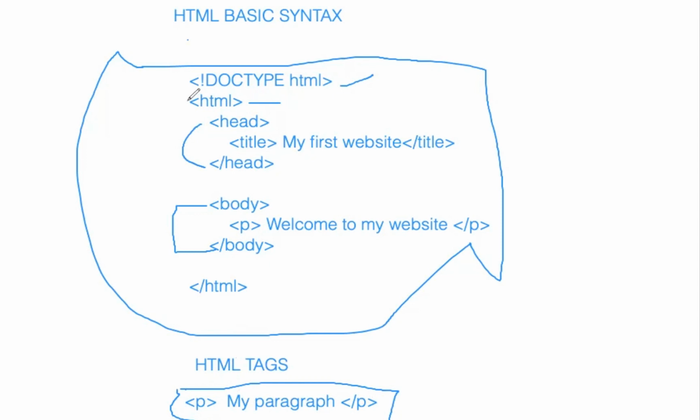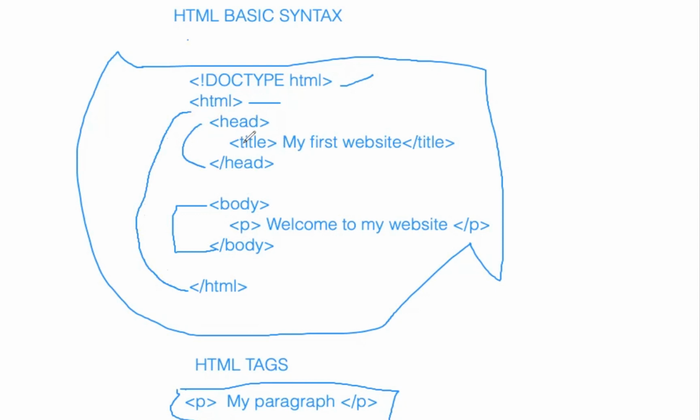That is why we have the start HTML tag here, then we have the closing or the end HTML tag here. Since this comprises whatever we are going to do in our web page, it encloses everything, both the head section and the body section of our website. And you can see here too, if we open the head section of our website, we have the corresponding closing tag here.